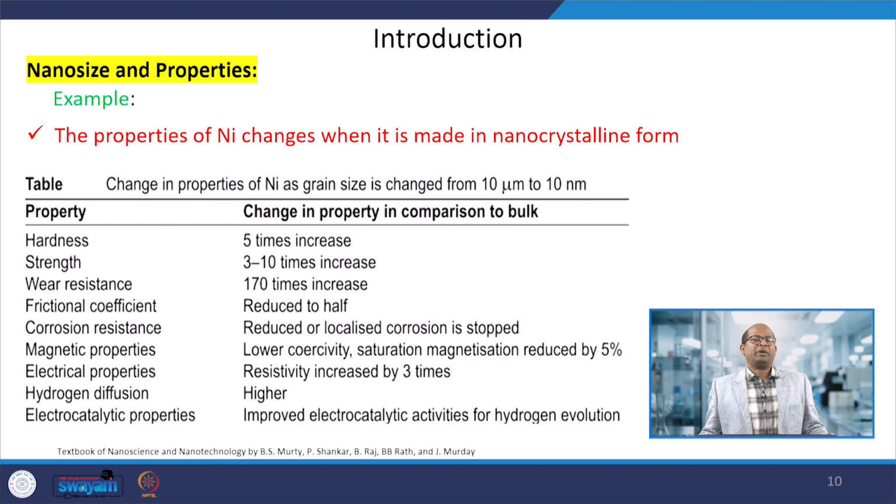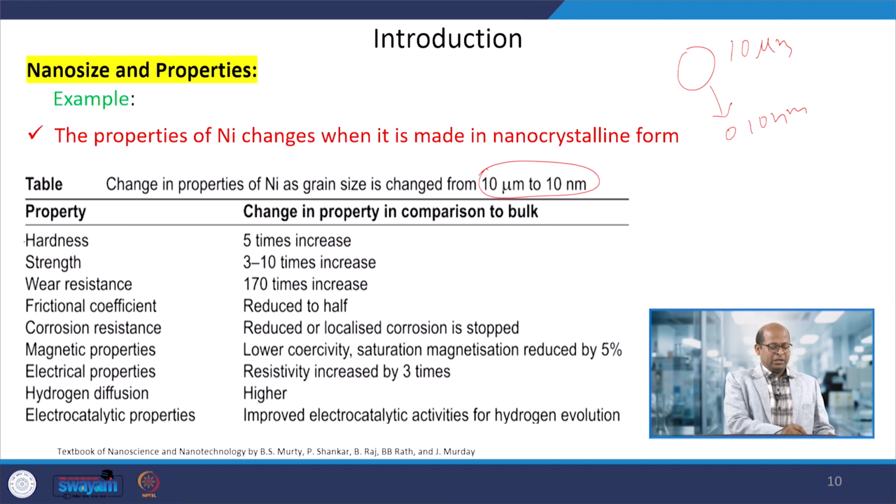If we take bulk nickel, it will convert into nanocrystalline form. Let us say nickel particles of 10 micrometers are converted into 10 nanometers. So, from bulk to nanocrystalline form, we are making nano nickel particles.